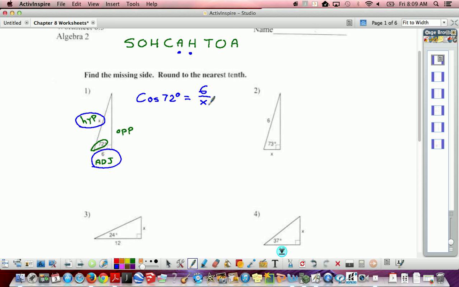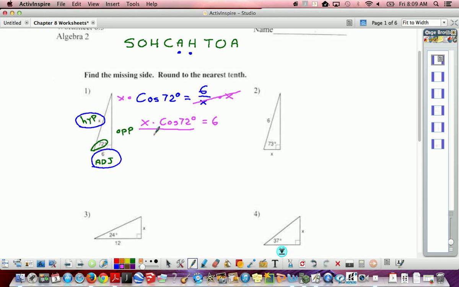So now we just need to solve this algebraically. This one takes 2 steps since our variable's in the bottom. I'm going to have to multiply both sides by x first. So the x is crossed out and it's no longer in the denominator. So I have x times cosine of 72 degrees equals 6.